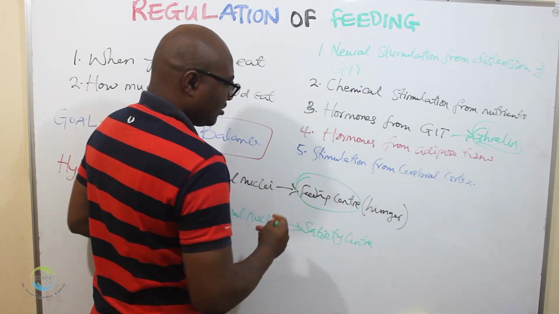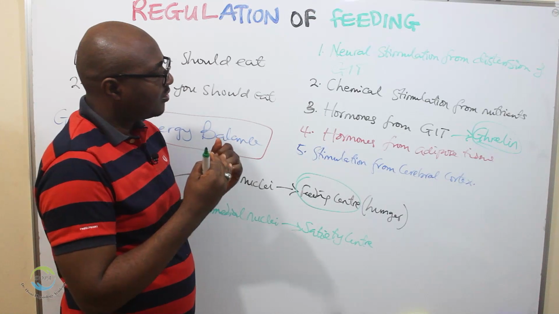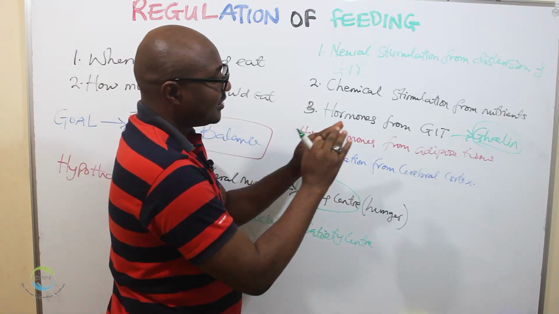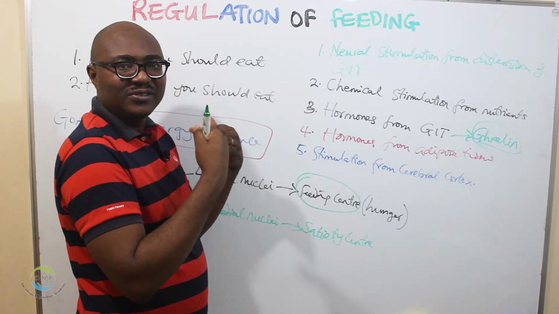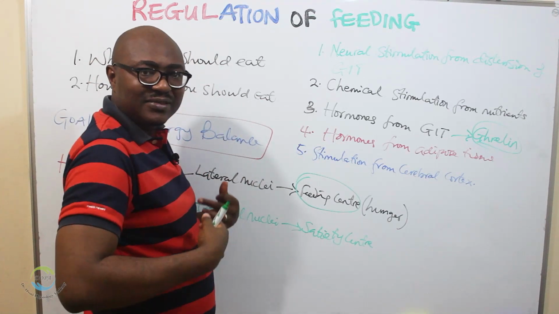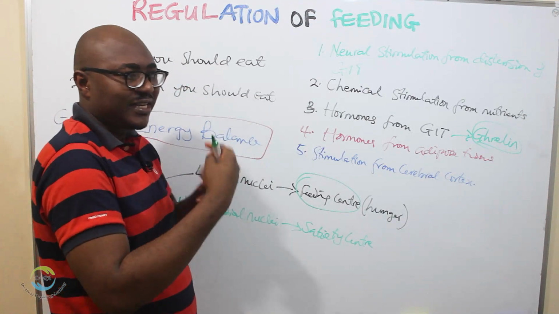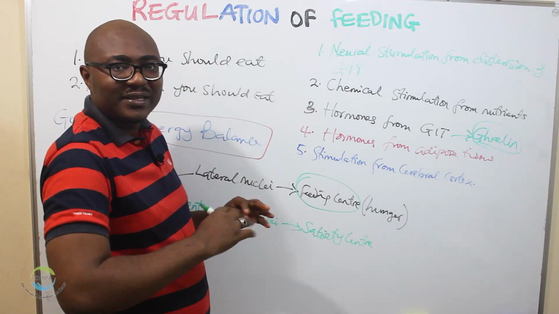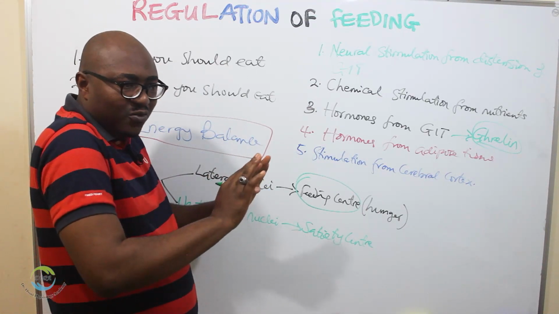This one tells you to take in food. So when it's stimulated, you seek food to take. When you're hungry, with an empty stomach and all of that, it is released. Then immediately you take in food, there's distension of the stomach, and its release stops.